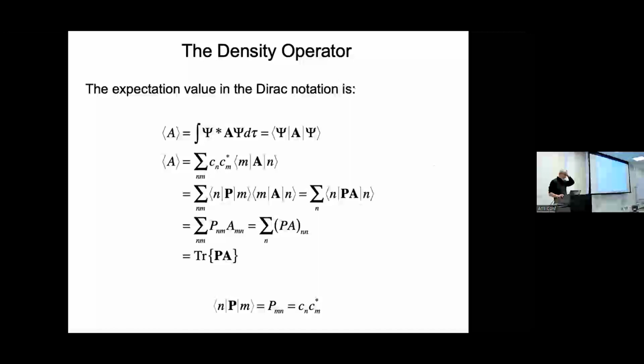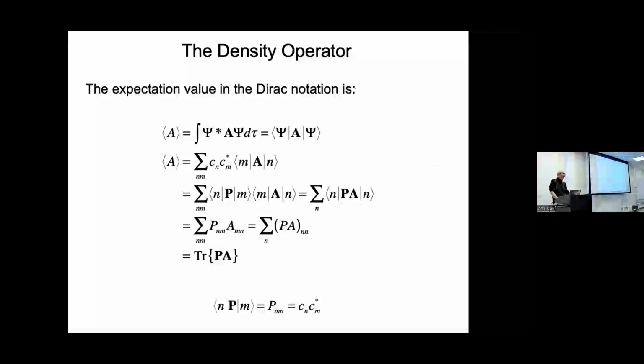So a very compact expression, and of course, we all like compact expressions. It turns out, though, that this is more useful than just manipulation of these symbols. And that's because, again, we want to thermally average.